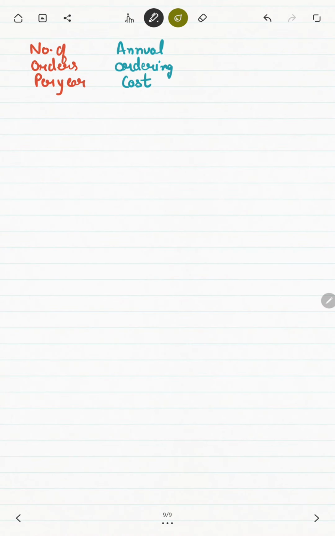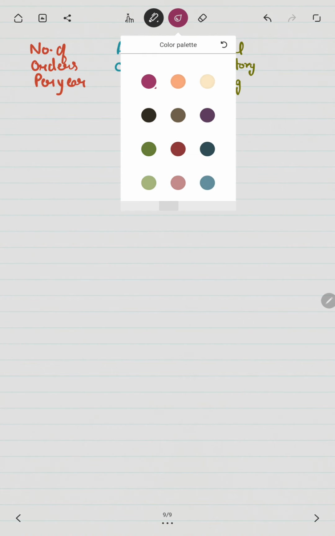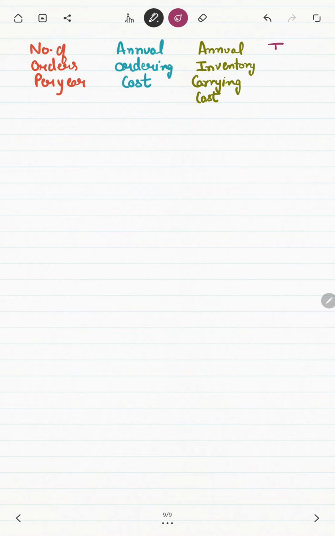For the third one it is annual inventory carrying cost, and the last one is total annual cost.